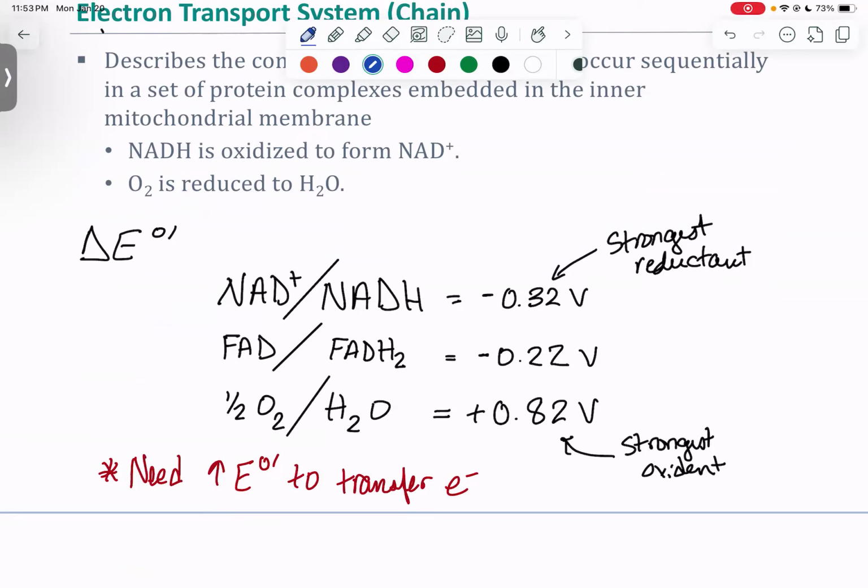You need to have a higher standard reduction potential in order to transfer those electrons. And it's this difference between these different molecules, and these are not all the molecules we're going to talk about, but the difference in those reduction potentials provides the free energy for ATP synthesis, because as those electrons move, they actually move those protons as well.